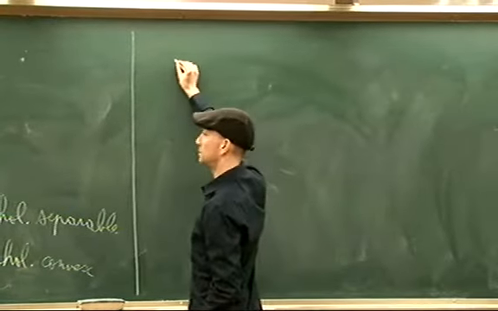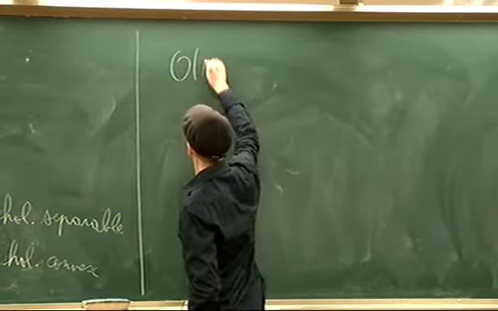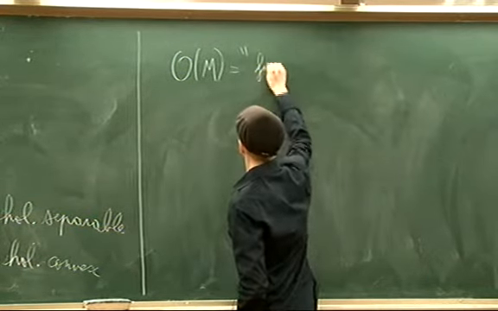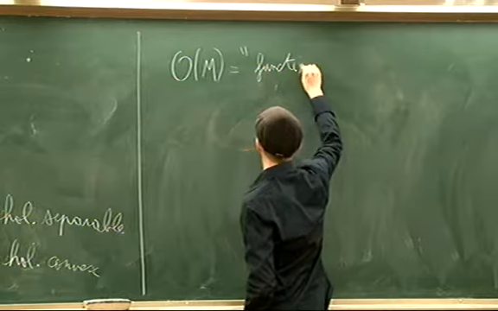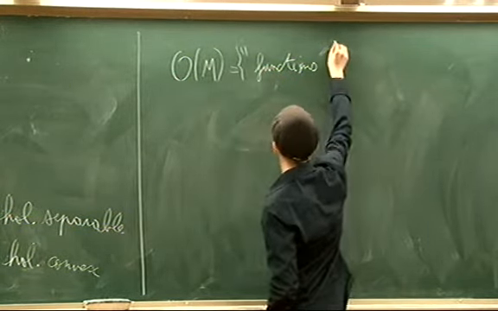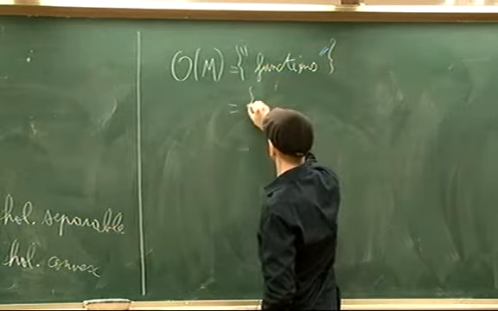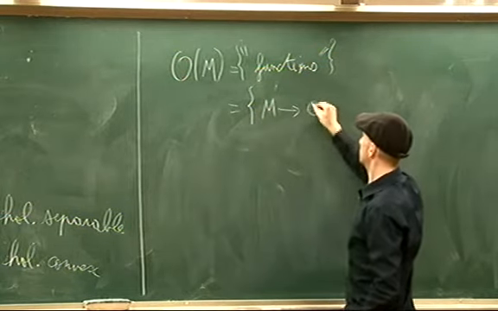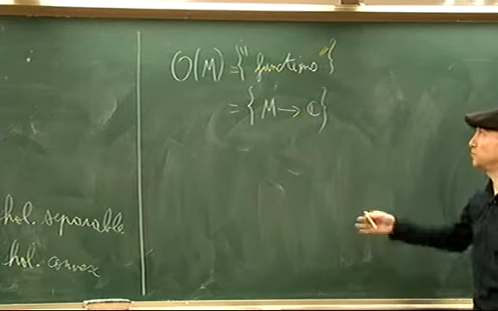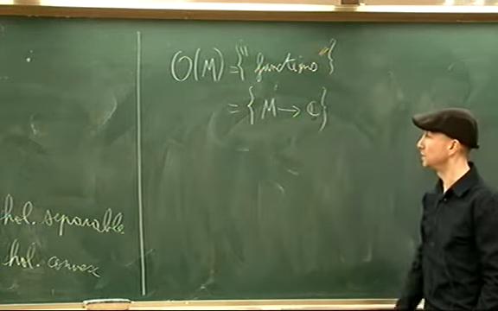I will write O of M. This is the set of functions, and for me, a function has scalar values, as opposed to a mapping, where it can have values in any manifold.